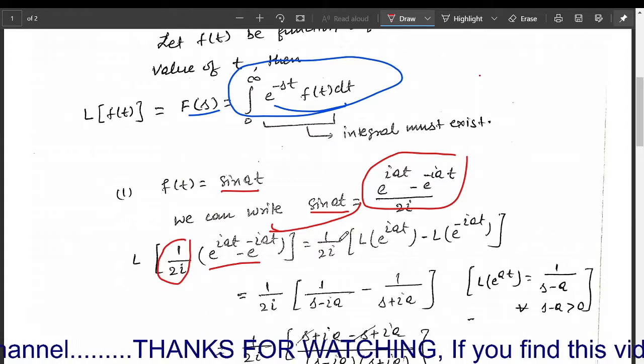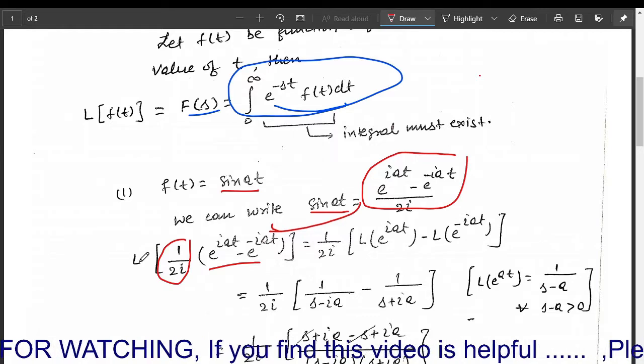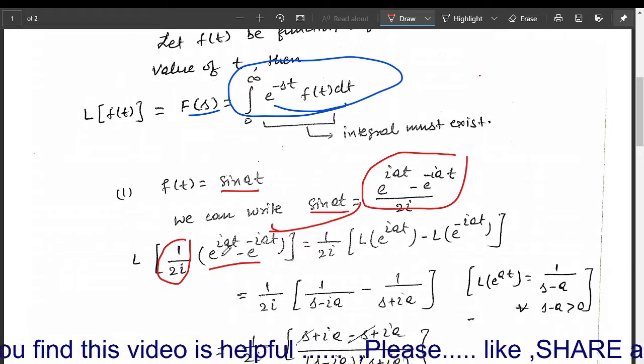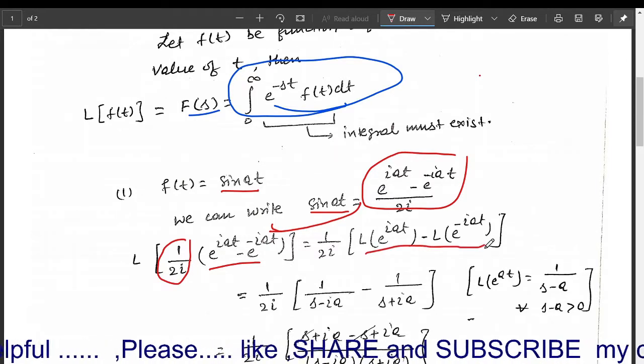You can take the constant outside the bracket, and by the linearity property of the Laplace transform, you can take the Laplace transform of individual terms.